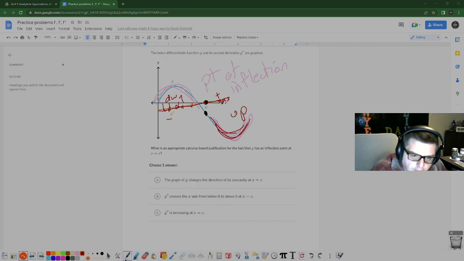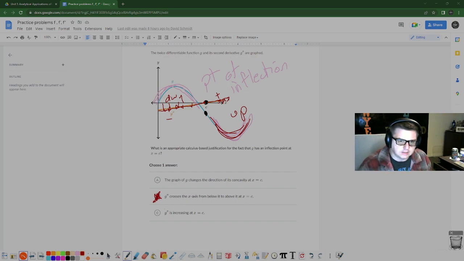So the graph g changes directions of its concavity at x equals C. g double prime crosses the x-axis from below it to above it at x equals C. And then g double prime is increasing. So even though it changes direction of its concavity, I think B is the best choice.